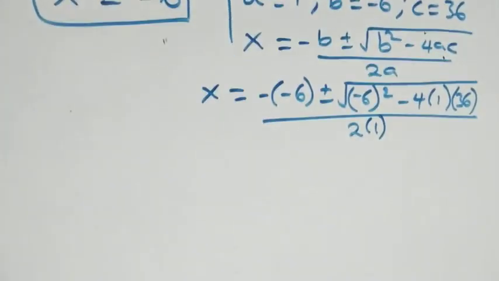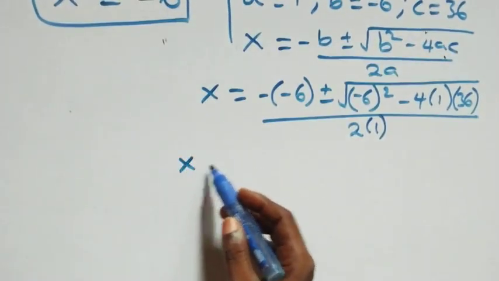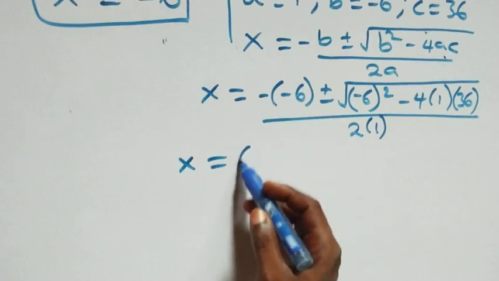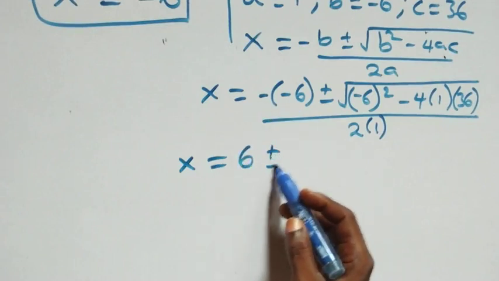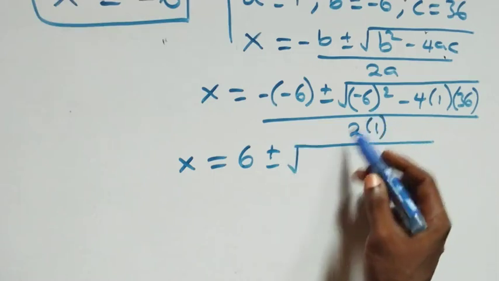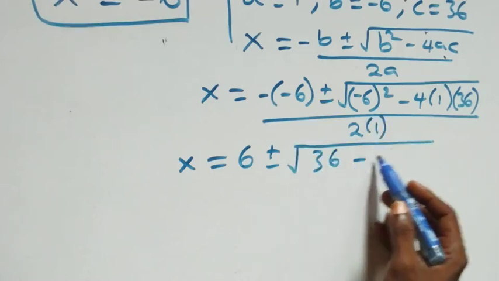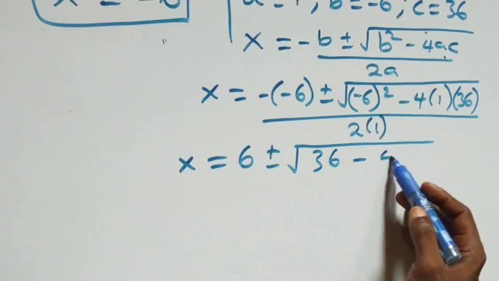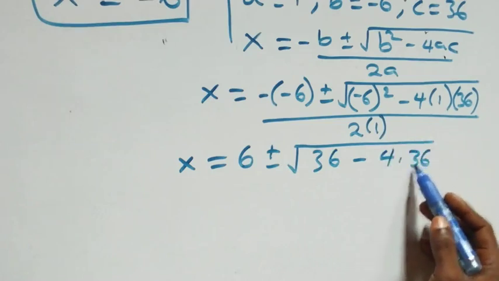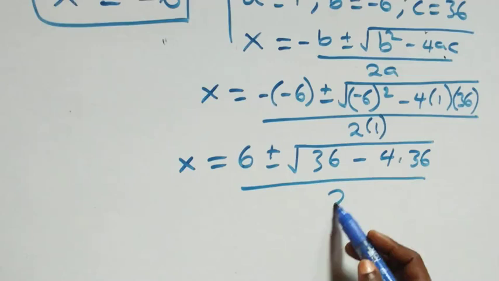Solving further, minus times minus gives plus 6, plus or minus square root of minus 6 squared, which gives 36, minus 4 times 36, divided by 2.